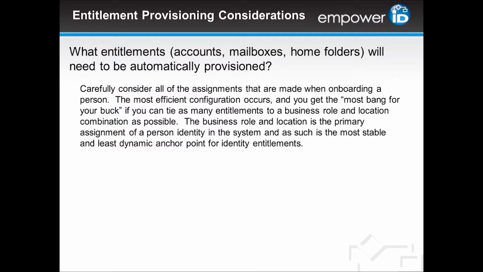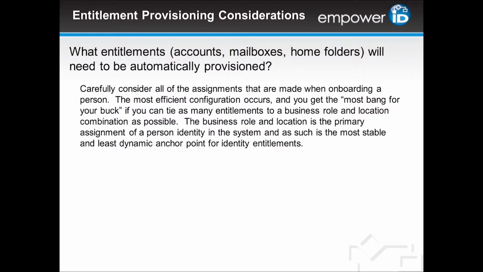The business role and location is the primary assignment of a person identity in the system, and as such is typically the most stable and least dynamic anchor point for identity entitlements. Your business roles and locations don't generally change as dynamically as, say, an access role assignment or a management role assignment.